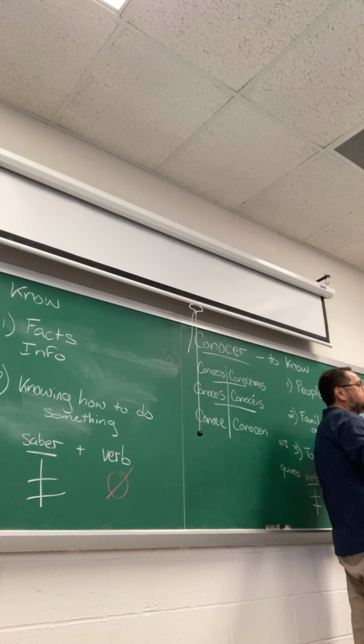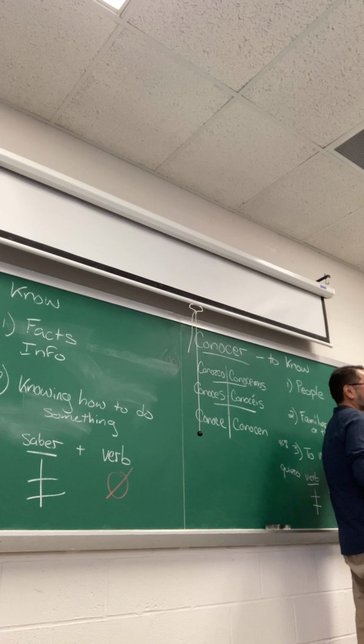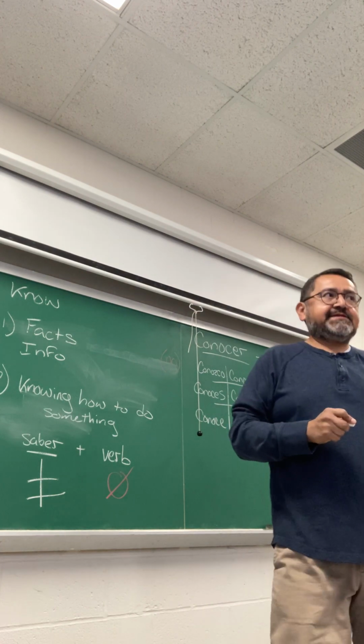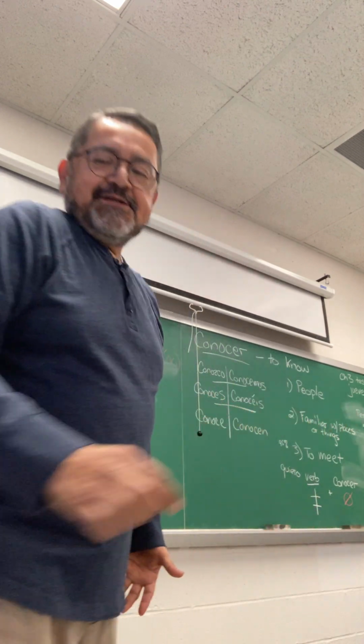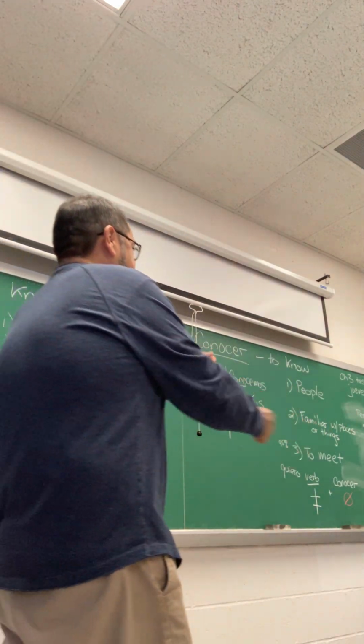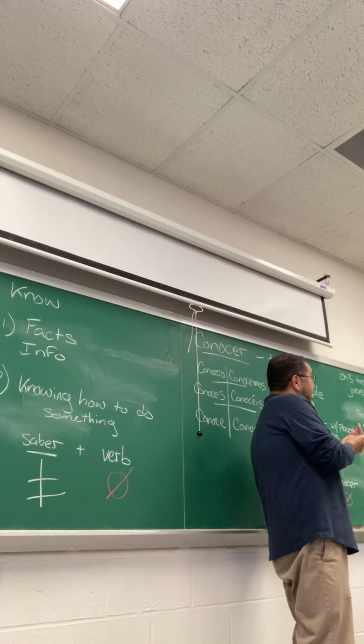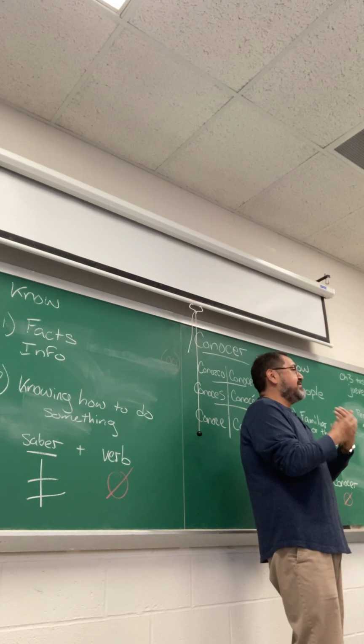Now, when I was little and learning this in elementary school, it literally only applied to people, humans. About 10 years ago, they changed the rule. Now, you can also use it with pets. So, I can say, necesito conocer a el perro de Feliz.